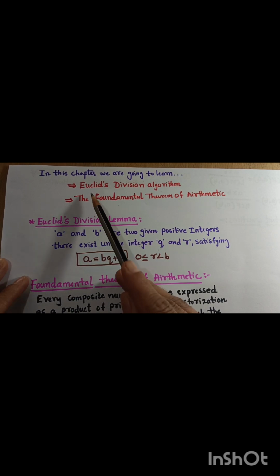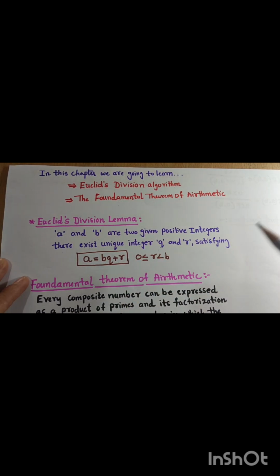Whatever Euclid's division algorithm we are going to learn is based on this formula and this theorem only. So a = b × q + r, and 0 ≤ r < b.